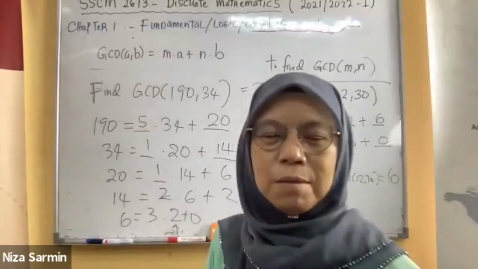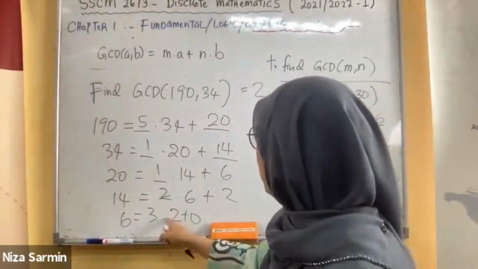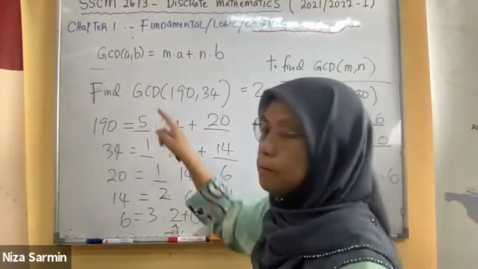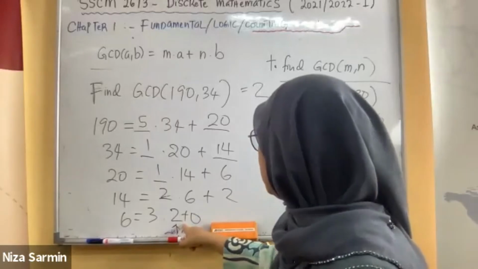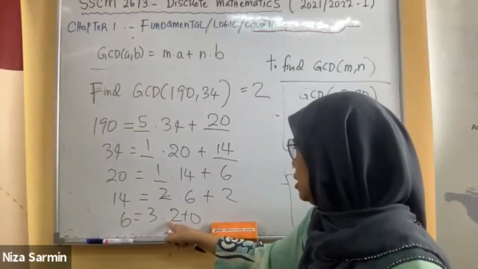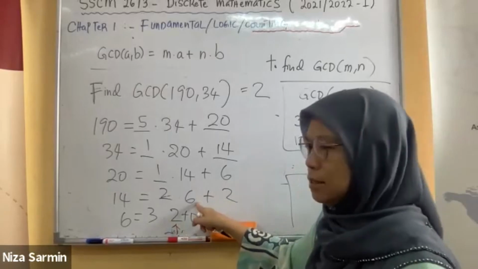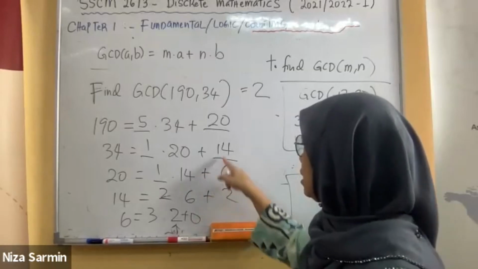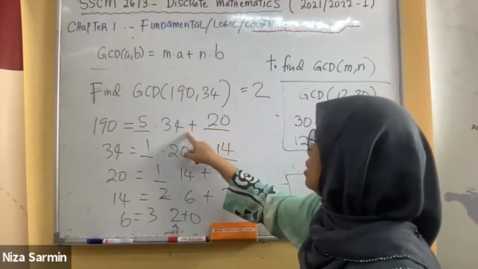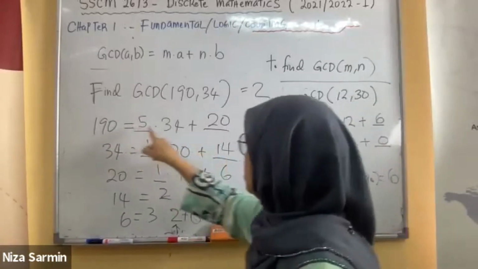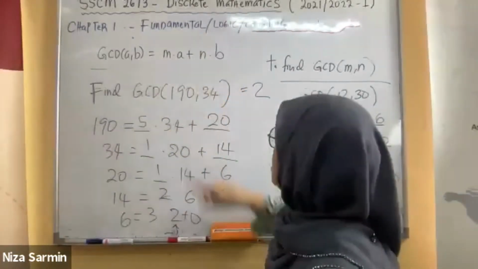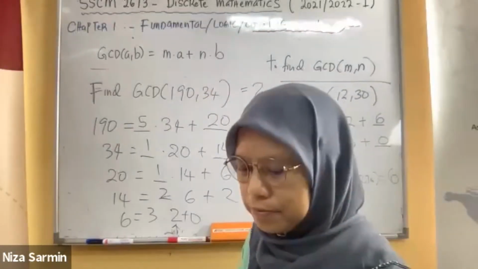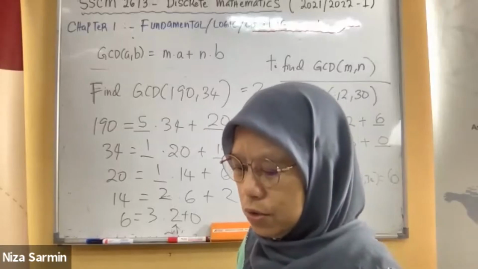How do you get that M and N? You get that from replacing. Go from down here. From here, you can replace the 6, then you can replace until you get only 34 and 190. Then you can get it equal to the GCD. So that's going back. Okay, let's try that.